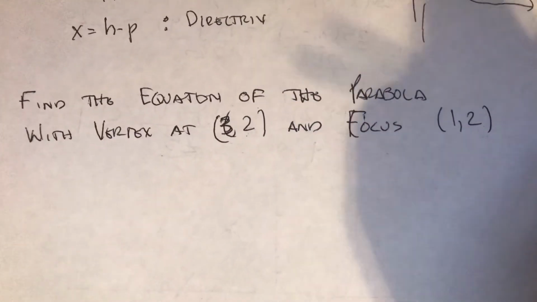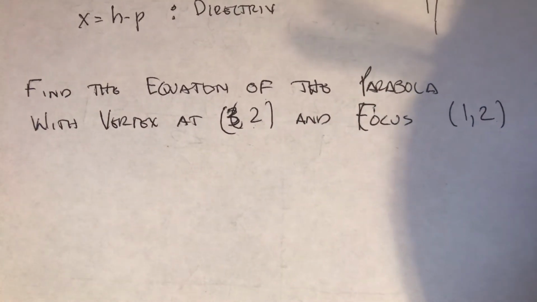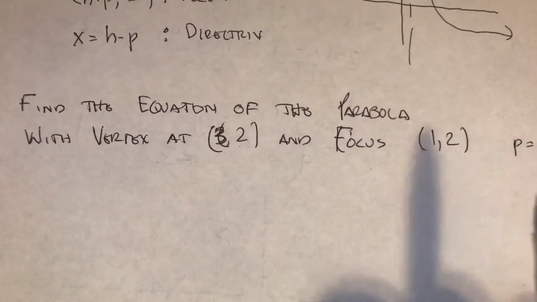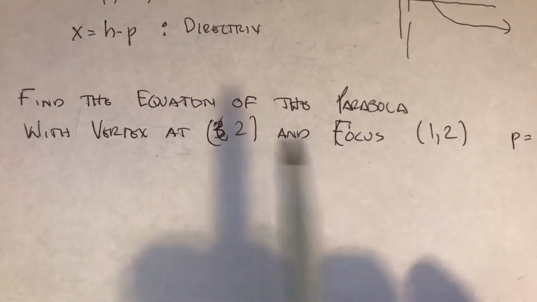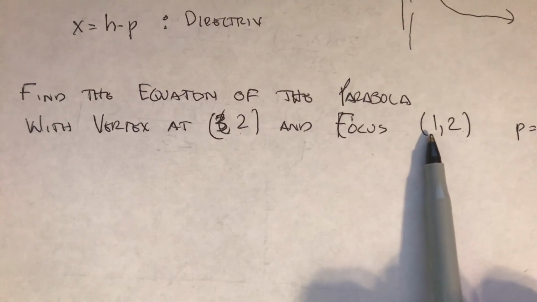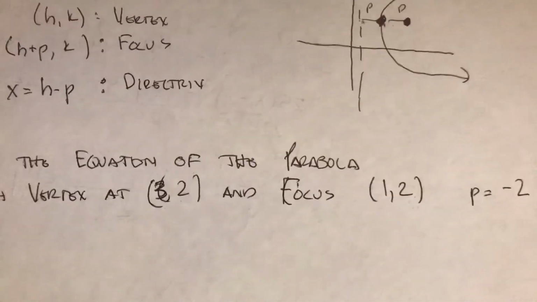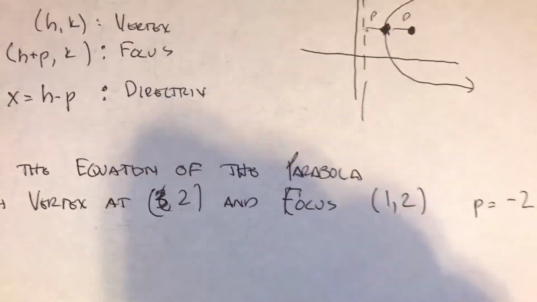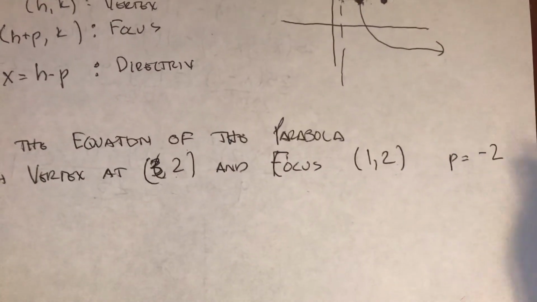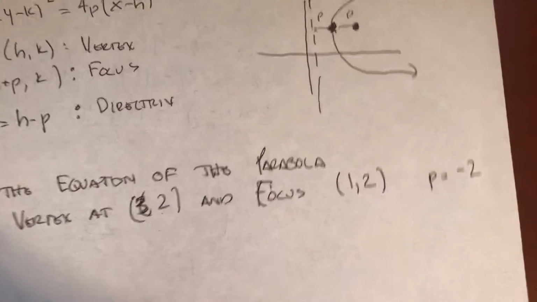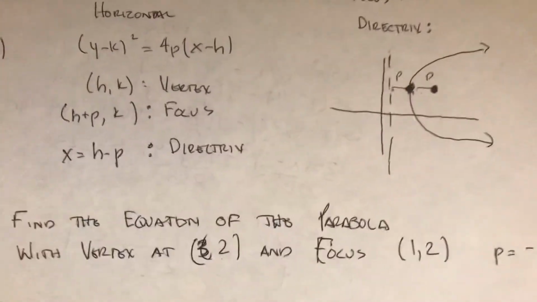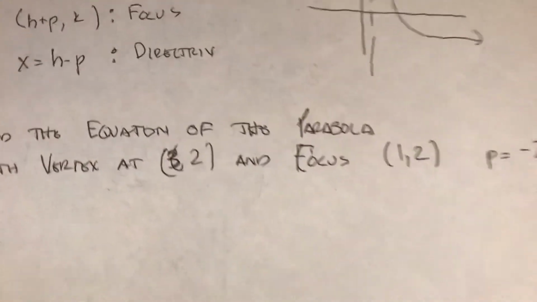P is -2. Because I'm going from 3 to 1, and I'm going backwards 2 units, so my p-value is -2. Because remember I said the p-value is always the distance the focus is from the vertex. So far, so good.